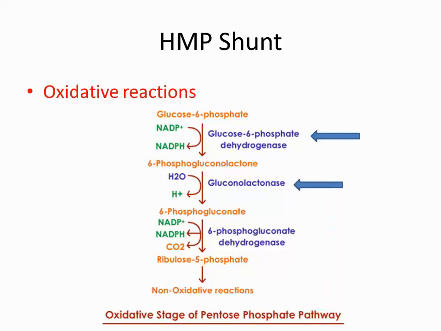Then 6-phosphogluconate will convert into ribulose 5-phosphate with the help of 6-phosphogluconate dehydrogenase. In this process, it will release 1 NADPH again and CO2. After that, ribulose 5-phosphate will go to the non-oxidative reactions of HMP shunt, which is the reductive reactions of HMP shunt that we are going to see in the next slide.